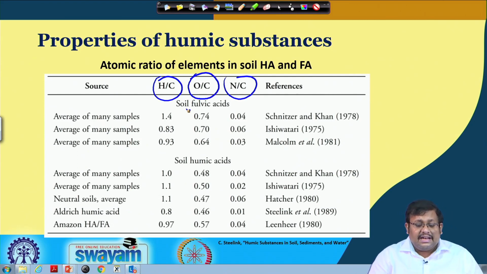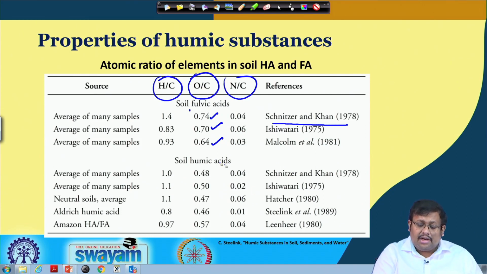In case of soil fulvic acid, the OC ratio is quite high. Schnitzer and Khan calculated 0.74, Ishiwatari calculated 0.70, and Malcolm calculated 0.64.